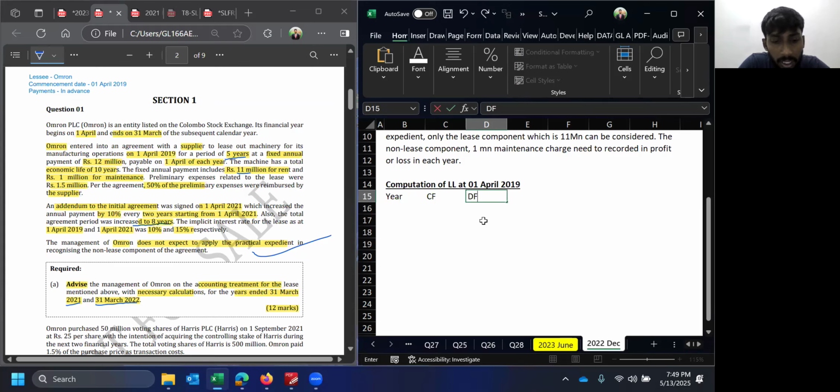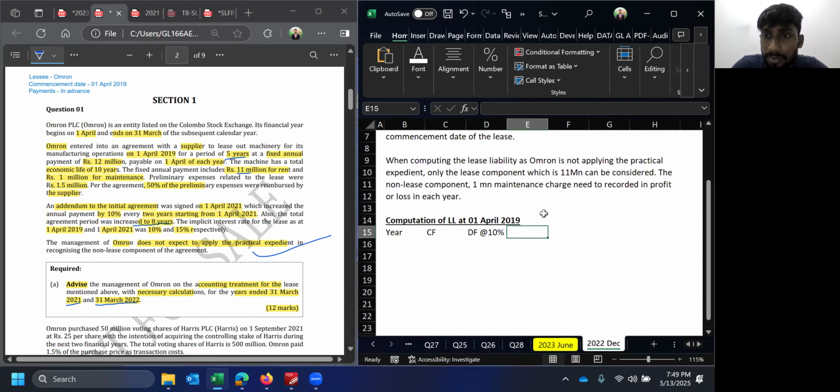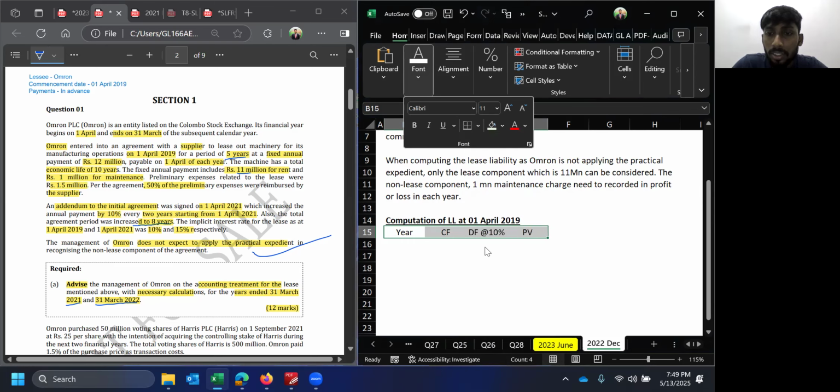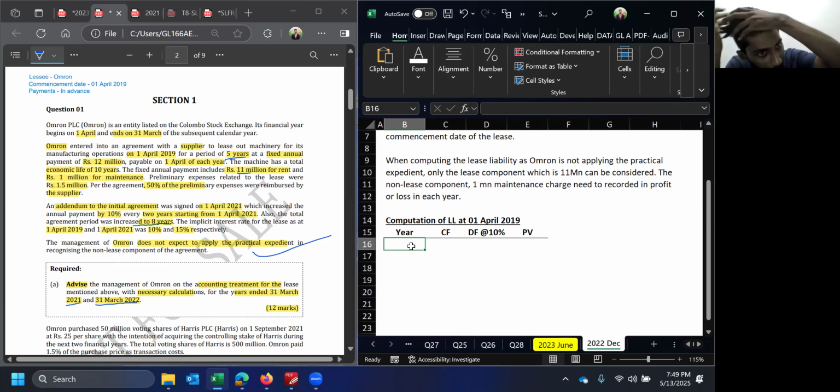So here, discounting factor at implicit interest rate, then the present value. These are payable from 1st April 2019, right?